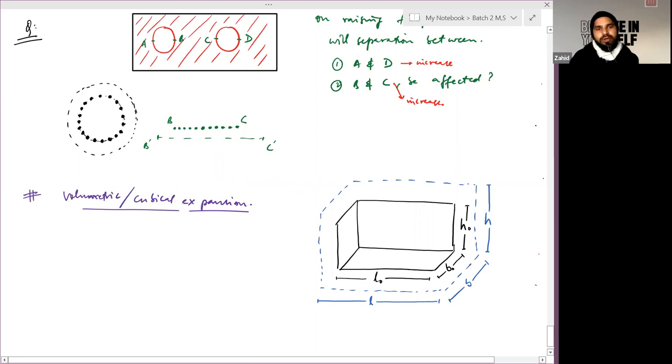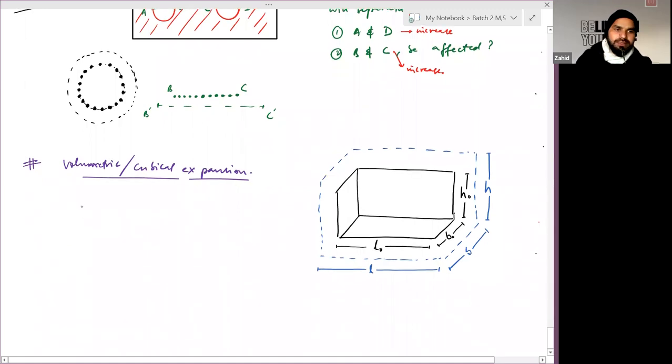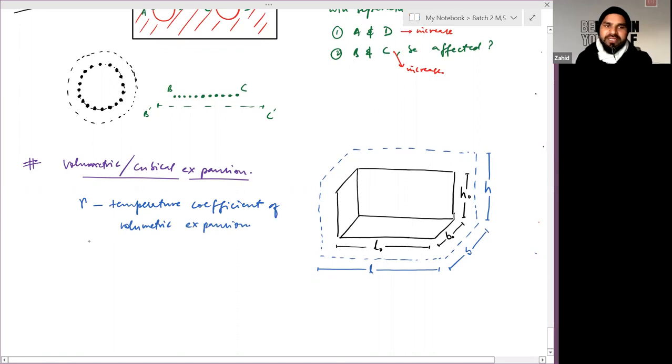To calculate volumetric change, we may define another coefficient of expansion as gamma. It is called the temperature coefficient of volumetric or cubical expansion. As we have defined beta above, which defines the rate at which area will expand or contract with change in temperature, similarly, gamma will define the rate at which the volume of this object will change.